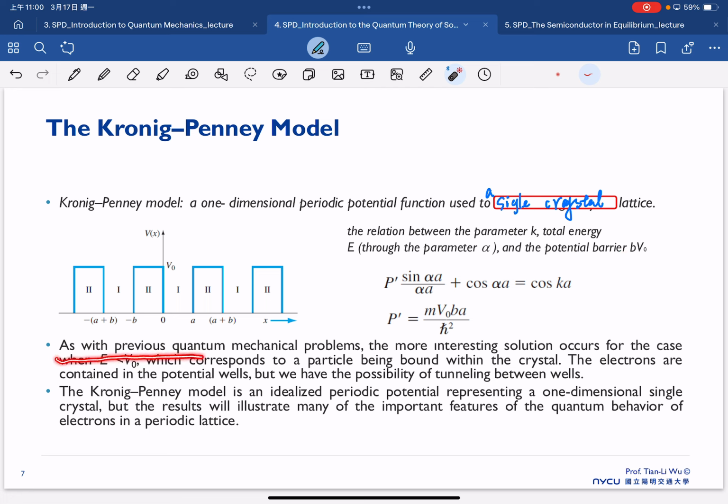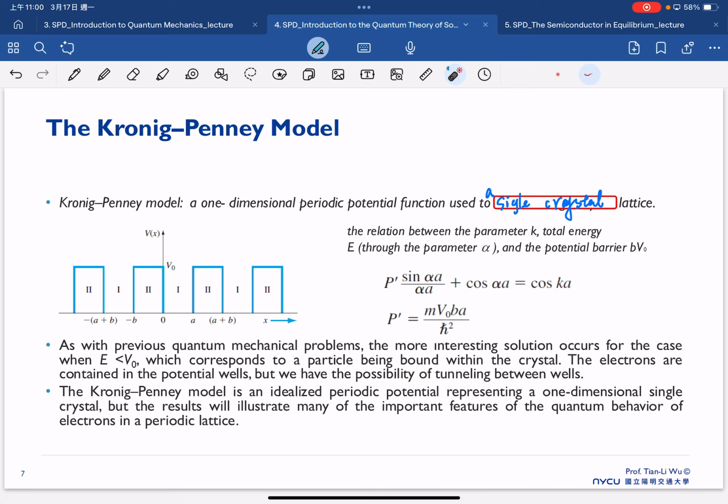As with the previous quantum mechanical problem, the more interesting solution occurs for the case where the electron energy is smaller than V0, which corresponds to a particle being bound in a crystal. The electrons are contained in the potential wells, but we have the possibility of tunneling between the wells. That's the conclusion from the previous quantum mechanics.